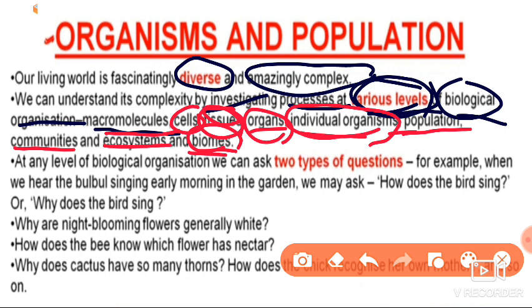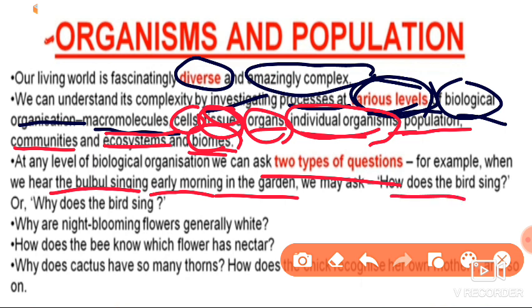And students, if we think about biological organization or levels of organization, two questions will arise in our mind. When we hear the bulbul singing early morning in the garden, we ask, how does the bird sing?